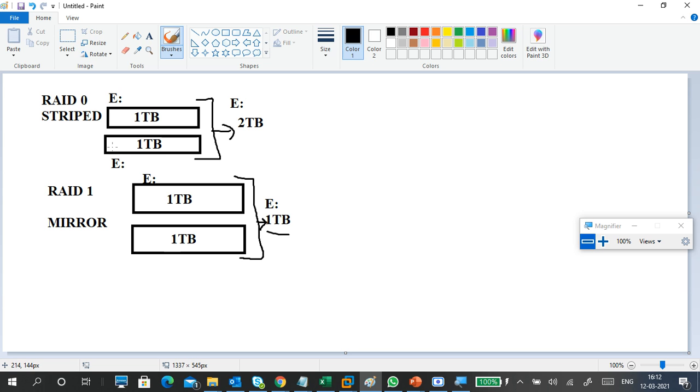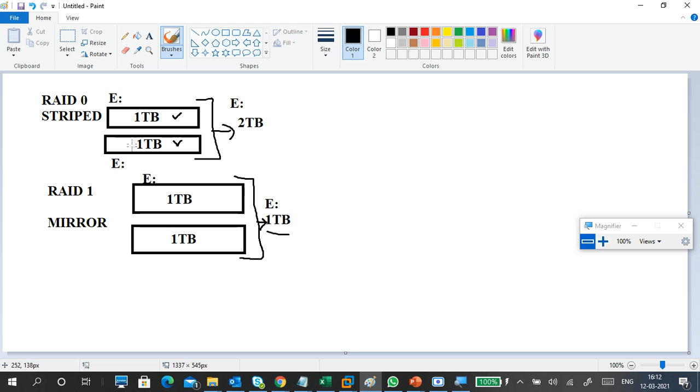So what is the difference between this and this? Here I'm getting 2 terabytes, there 1 terabyte. Here I store data. The data can be stored here or here. So combinedly, I'm getting 2 terabytes of space. I put data into E drive. The data can be on the first drive or the second one. This is disk 0, disk 1.